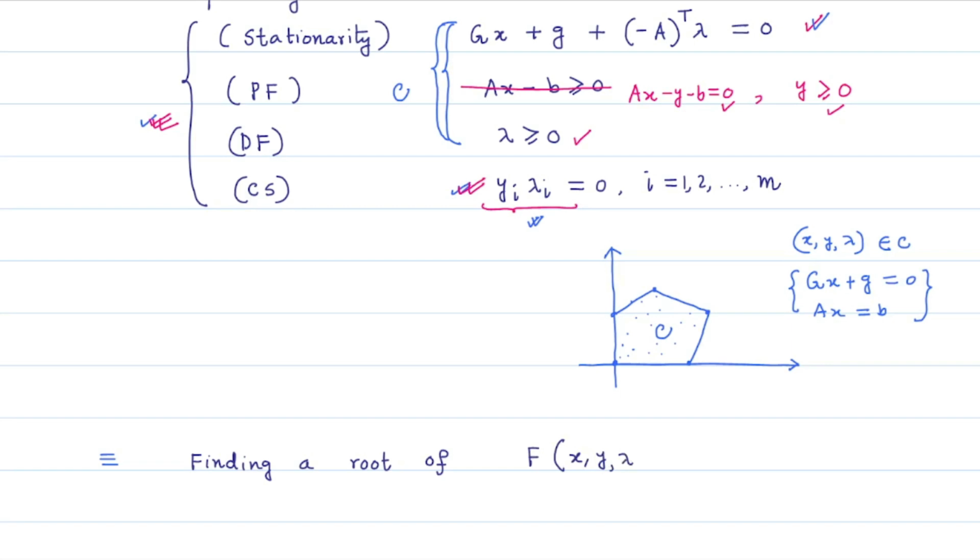F of x, y, lambda is equal to 0, together with y greater than or equal to 0 and lambda greater than or equal to 0, where this function F is given by: from this stationarity condition, we have the first component of this equation as Gx minus A transpose lambda plus g.